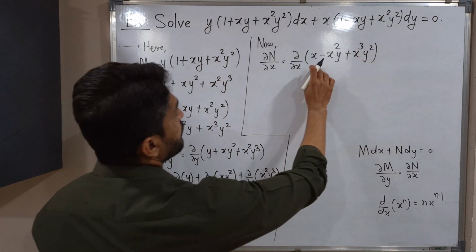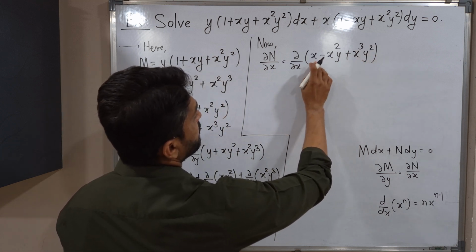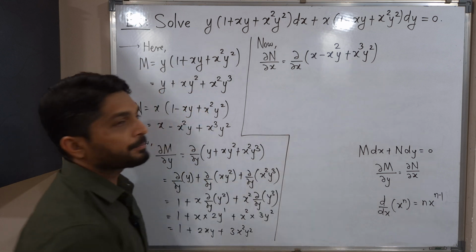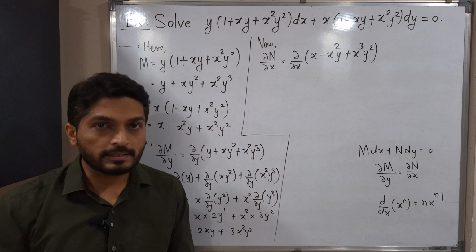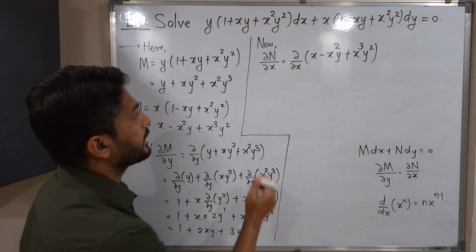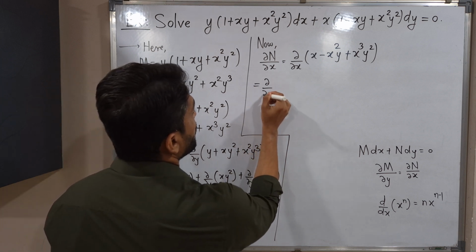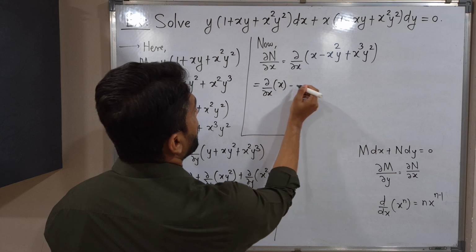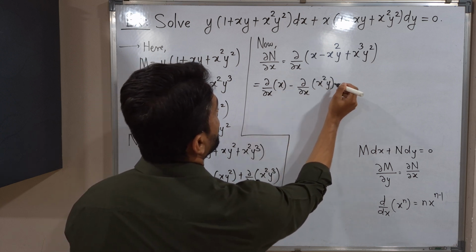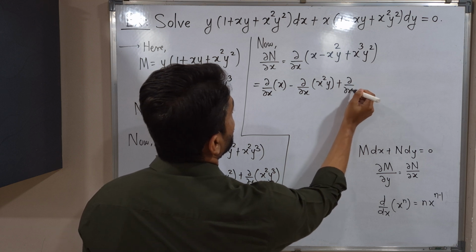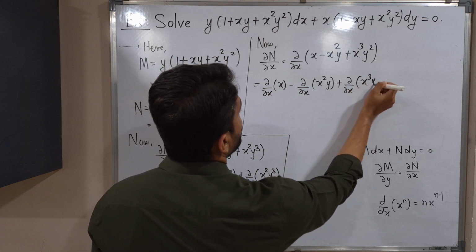Yes. So you can see three terms are there, first, second, third. They are separated by plus and minus signs. So in case of derivative, if you have plus and minus signs, we can take separate derivatives. So derivative of x minus derivative of x square y plus derivative of x cube y square.